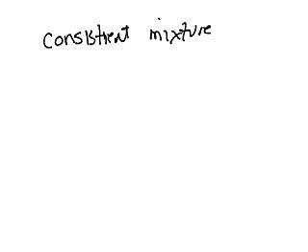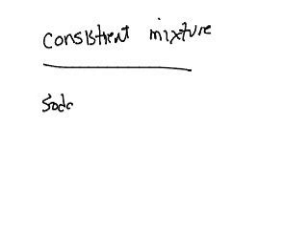What's an example of a homogeneous mixture? In a homogeneous mixture, every sip, if it was an aqueous solution, would be the same. A soda would be a good example, yeah. Water is a compound, so no, that would not be true.